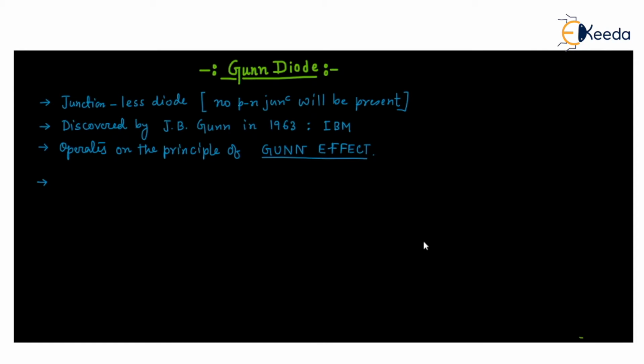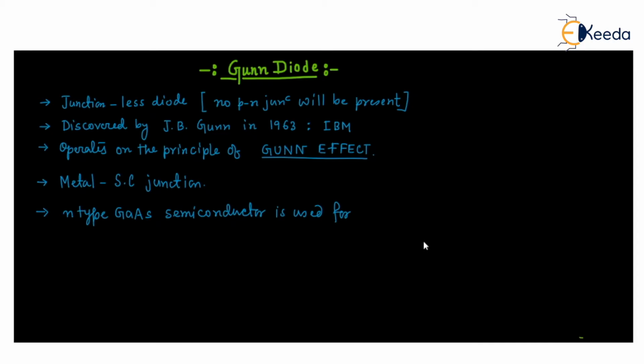The Gunn diode constitutes of a metal semiconductor junction, and the semiconductor that is generally used for this metal semiconductor junction is N-type gallium arsenide semiconductor.